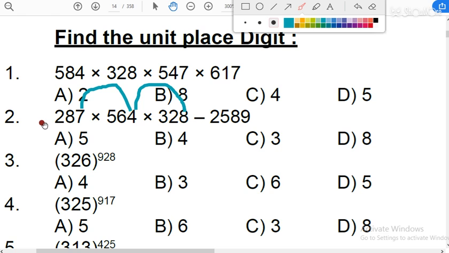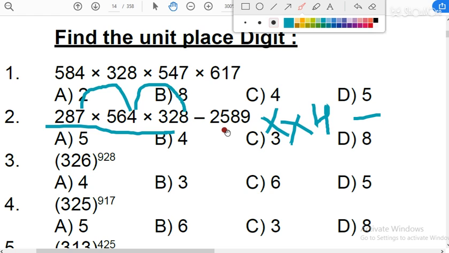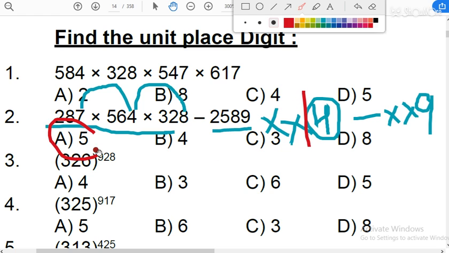That means this multiplication will give me a value which has 4 at the unit place, and I am subtracting, let's consider here crosses, I am subtracting this value, that means some value with crosses, let's suppose, and here I have to write 9. Whenever I cannot subtract 9 from 4, I have to take a carry here. So that means 14 minus 9 will be there. So its unit place will be 5. So students, of these two questions, the second question is the interesting one.